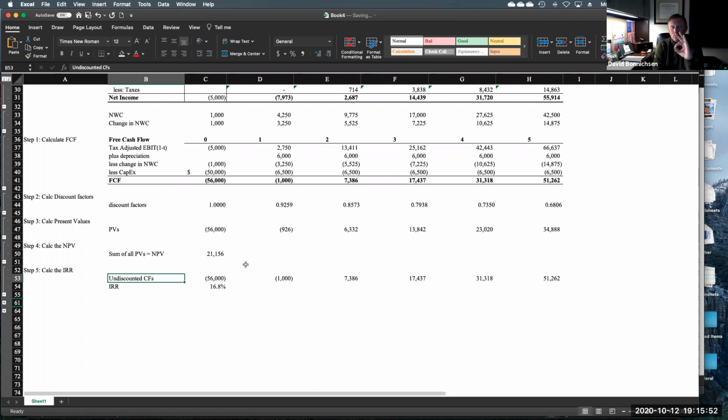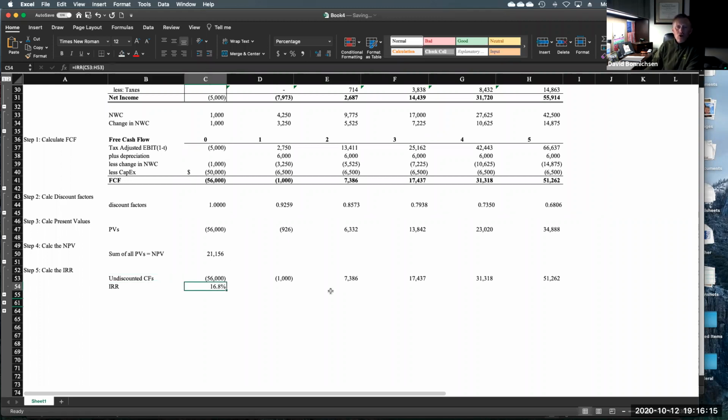Okay? So what we're looking at in this project is how much more return am I getting on this project over my next best alternative, which would have been just simply to invest the $56,000 at 8%.